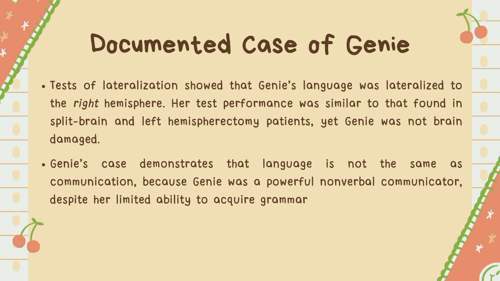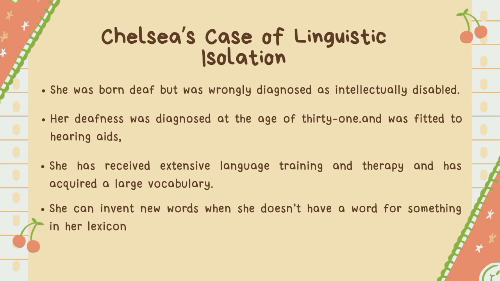So, despite significant limitations in grammar, her case underscores the multifaceted nature of human communication and the critical importance of early linguistic exposure. Moving on, Chelsea's case of linguistic isolation.